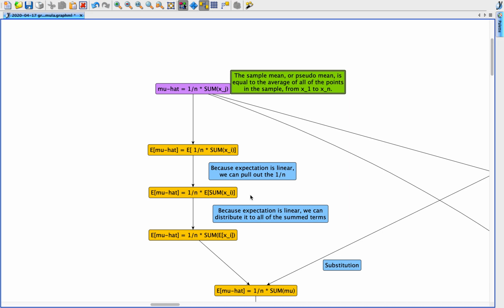But because it's under the hood an integral, that means we can take all of the added terms, and just like when you're taking an integral and you have the integral of a plus b, that's equal to the integral of a plus the integral of b. And if you have a constant c times x, you can always take out the constant.